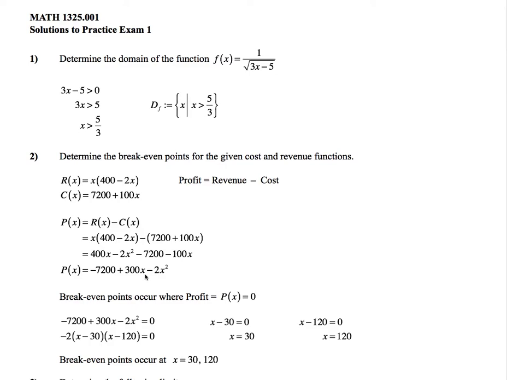Now, in this case, I have written the function out the way these authors do in this text, in order of descending degree. Normally I would put it the other way. That's the way mathematicians tend to do it.